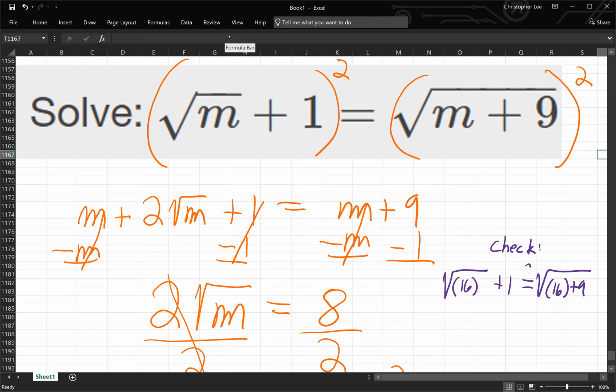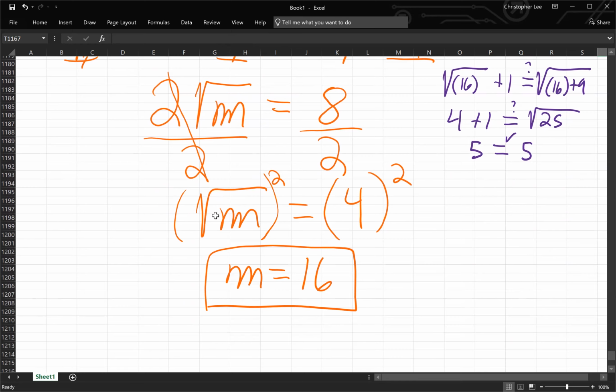I don't know if it's true or not, but let's see. Square root of 16 is what? This is like 4 plus 1, allegedly, is equal to, what's 16 plus 9? 25? I'm not sure, but let's see. 5 does in fact equal 5, so we good. And that's it. That's a legitimate answer.